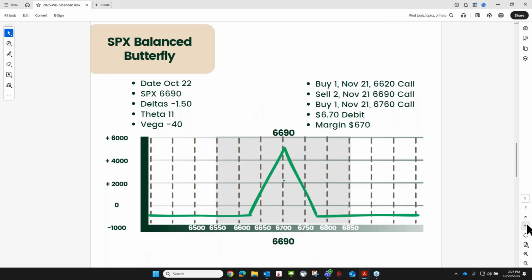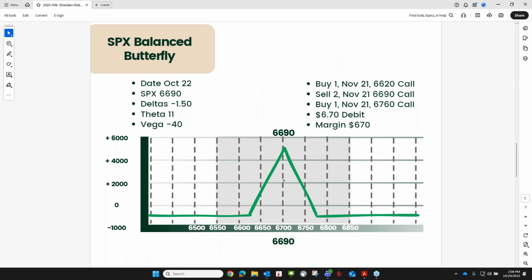But what do you notice about this butterfly if you look at the Greeks? Delta say minus 1.5. What does that mean? How can that benefit your life or whatever? It's saying your deltas are short 1.50. If that term bothers you, think in terms of stock equivalent, at least for a short move in the underlying.